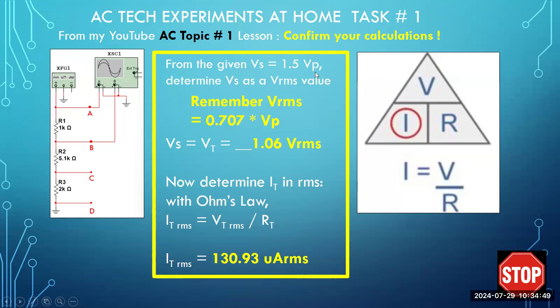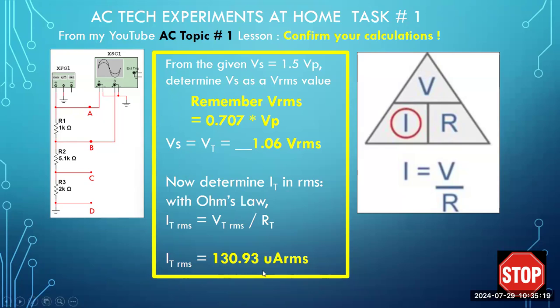If you mean peak voltage, you have to write down V with a P. If you mean RMS voltage, you have to write down the capital V with RMS. So this is in RMS format. And once you have the RMS voltage total, then you can divide by 8.1 kilo ohms, which is my RT. And lo and behold, you calculate 130.93 microamps RMS. Micro. What's that look like on your calculator?